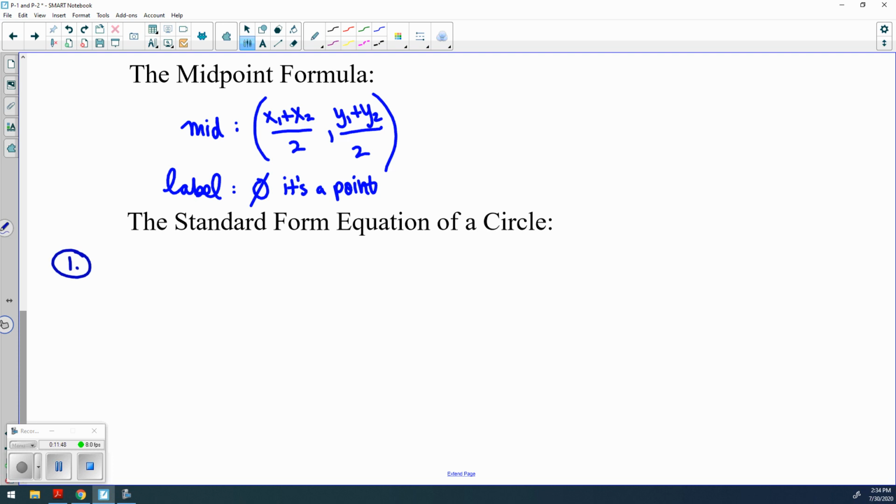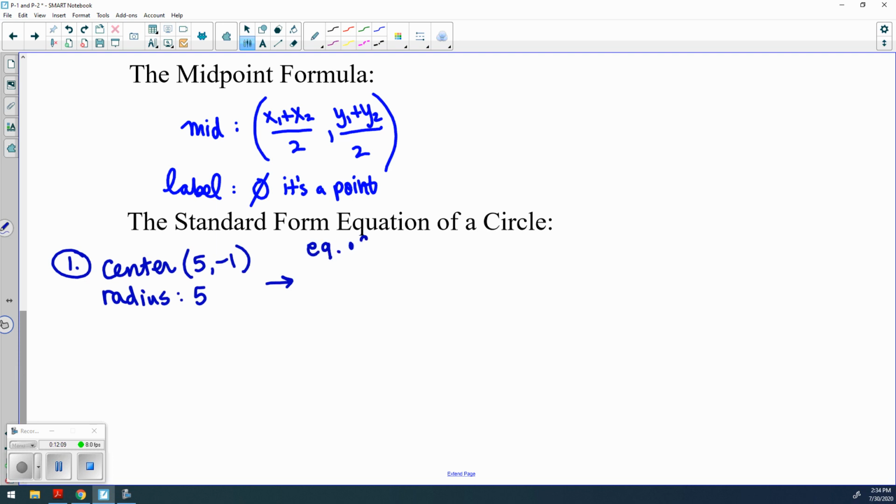Example 1, I'm going to give you the center of a circle. I'm going to tell you that the center is (5, -1), and that the length of the radius is 5. So what I can do then is write the equation of the circle.